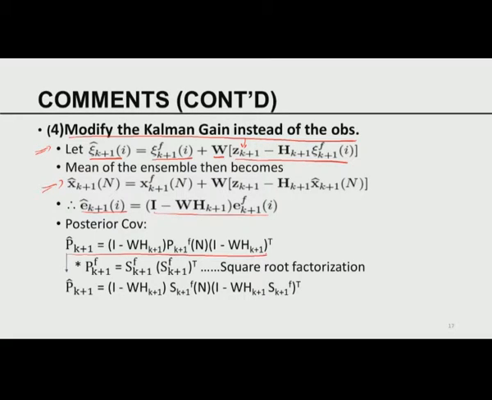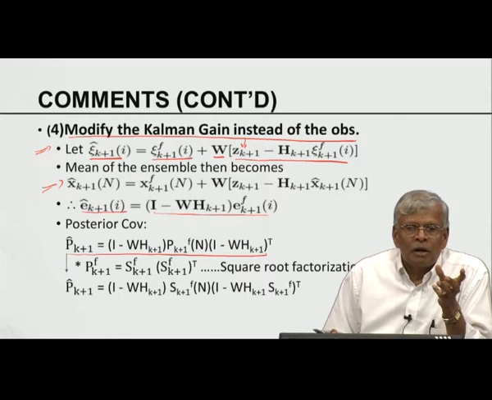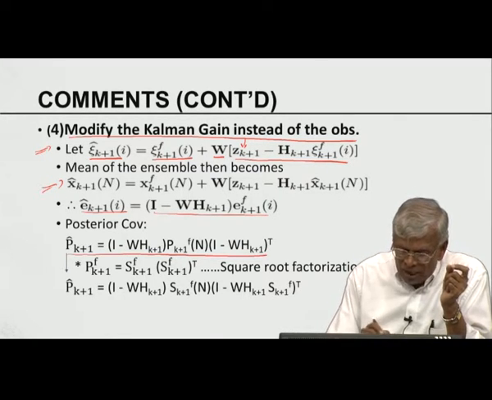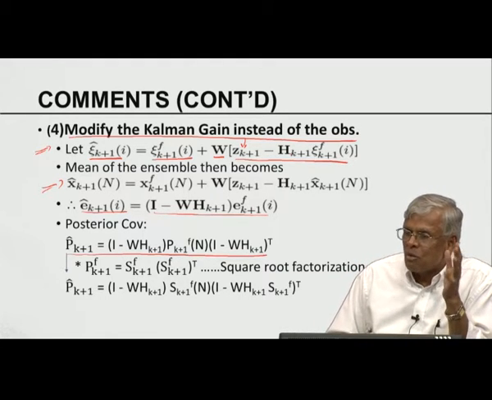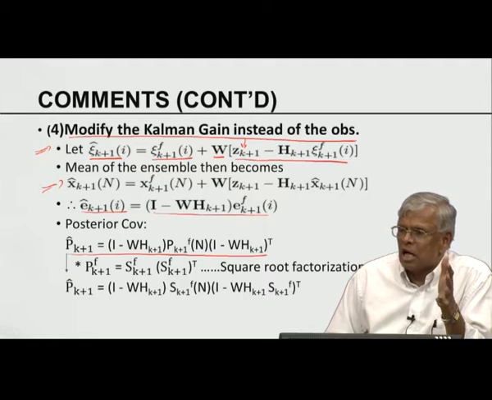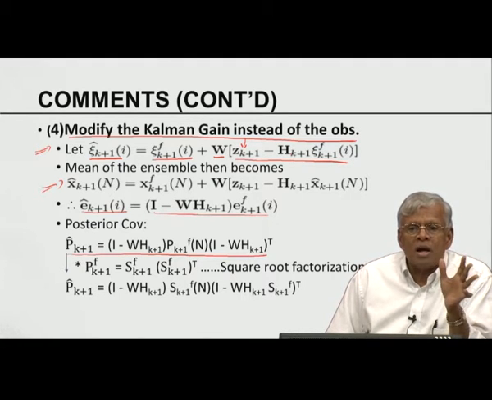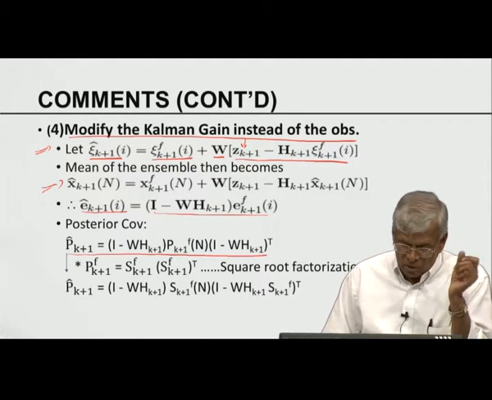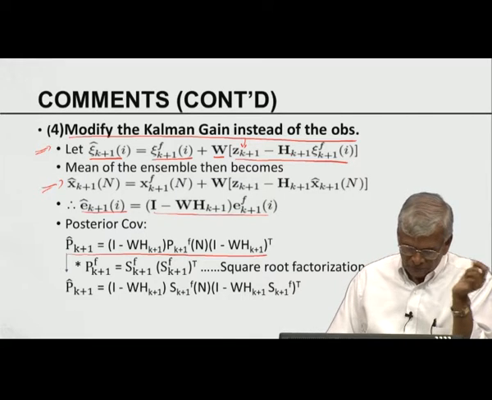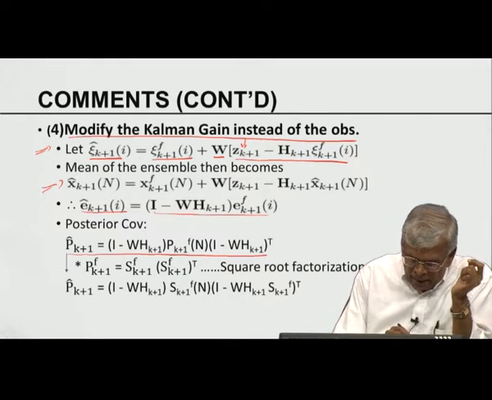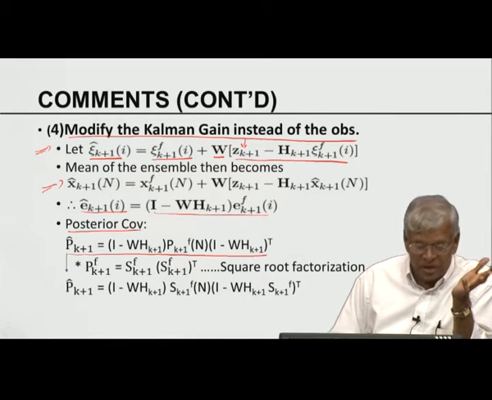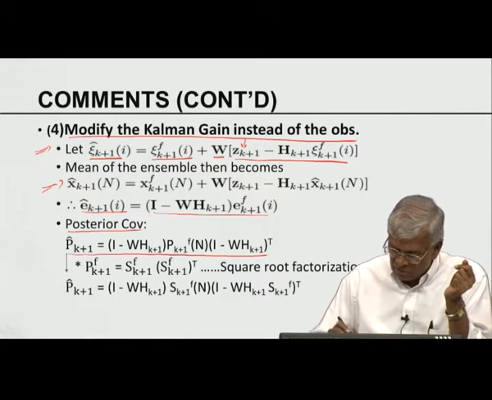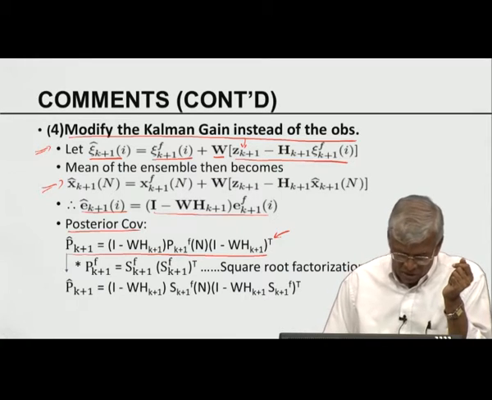I'm following the same path, but with a different criterion for mixing the forecast information and the innovation information. So W, the matrix: I am now going to change the Kalman gain to suit what I want without having to generate virtual observations. Therefore, if the error structure is given by this, the posterior covariance, which is the analysis covariance, is given by this expression.